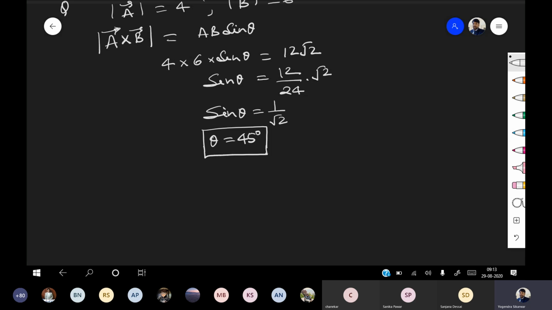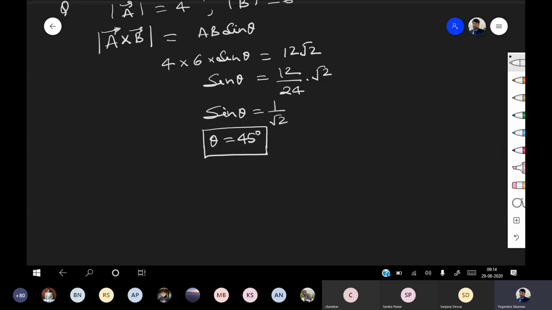So both formulas, A cross B and A dot B, would have given you the same answer in this question, which is very interesting.